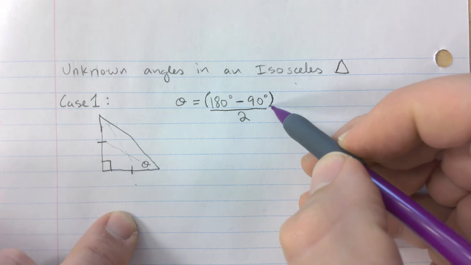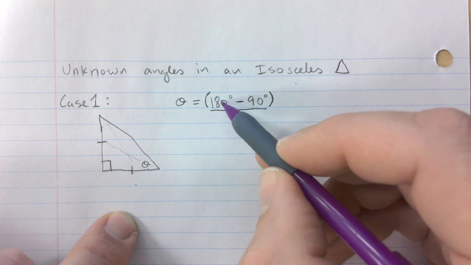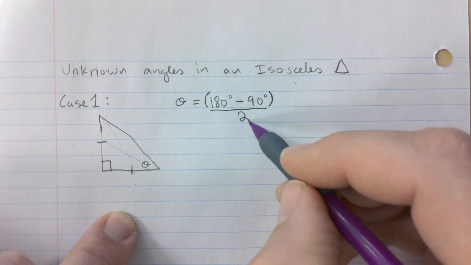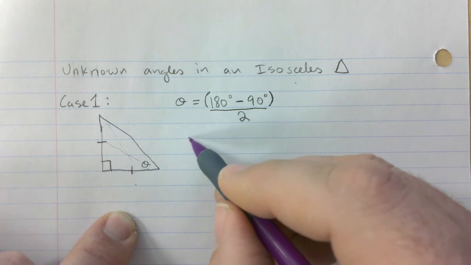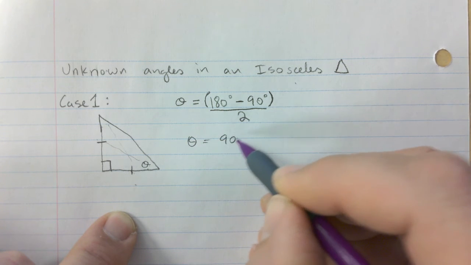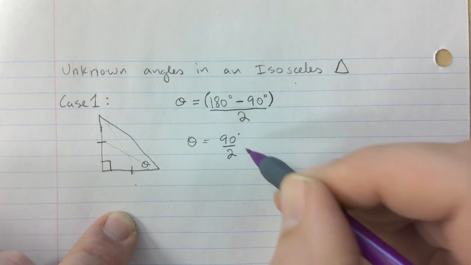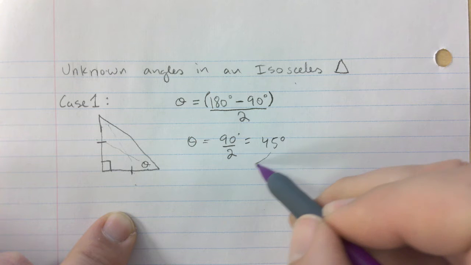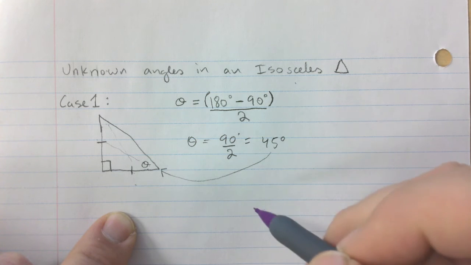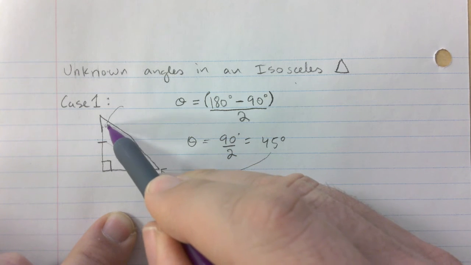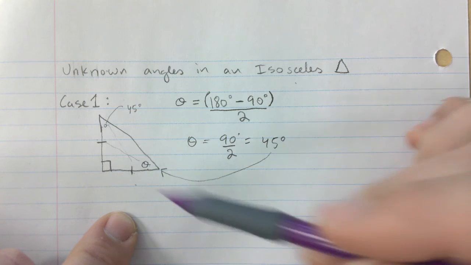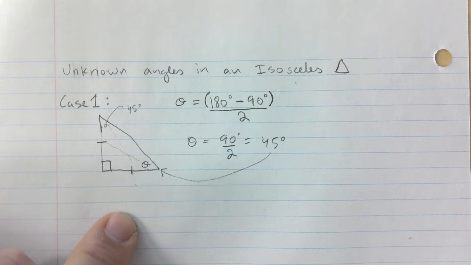If your calculator does not have brackets, that means that you need to go 180 minus 90, hit equal, then divide it by 2. Okay, so that would be 90 divided by 2, which is 45 degrees. So you know that this is 45. You also know, though, that this is 45. Okay, and to get all three add up to 180.